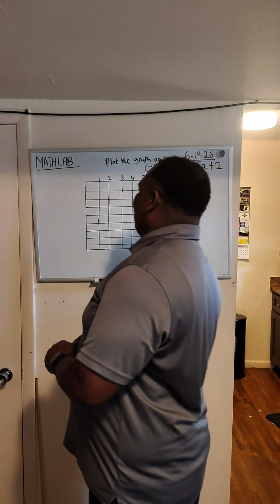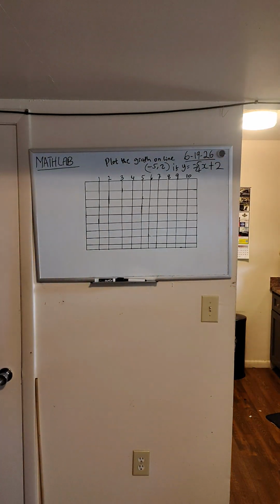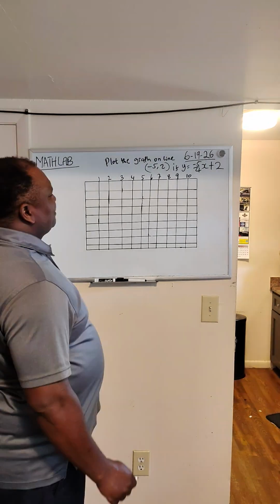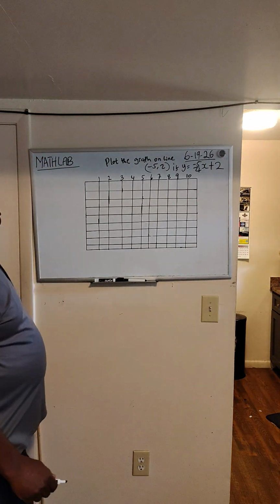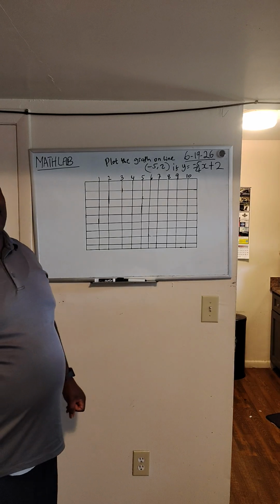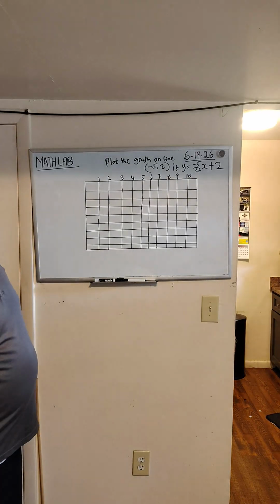So now we have this graph right here. We are being told to plot the graph on -5 and 2. So how do we do that?